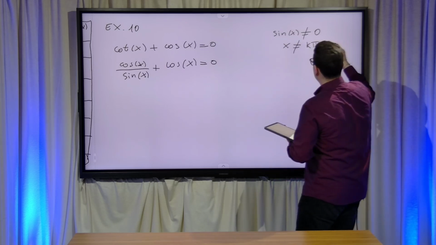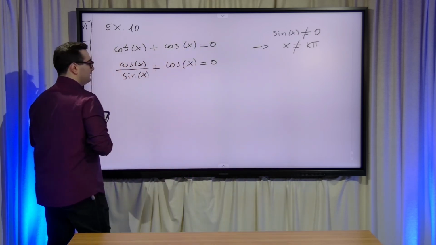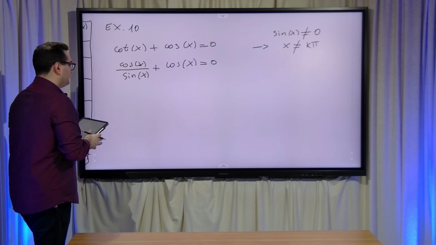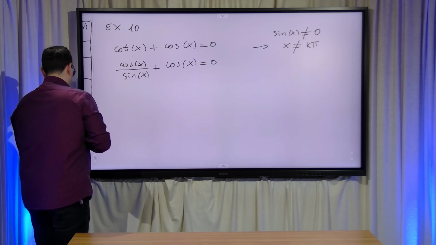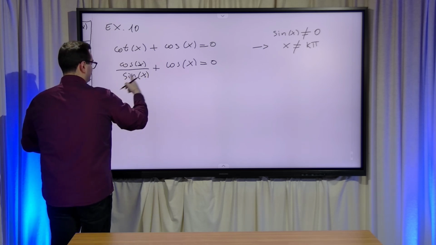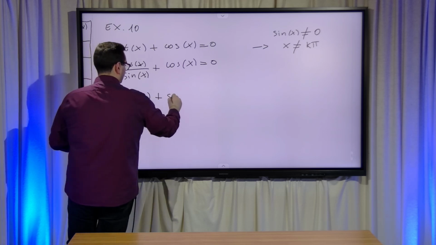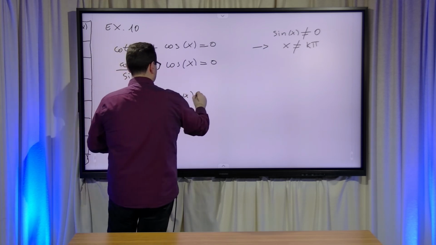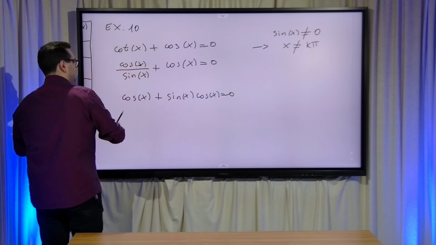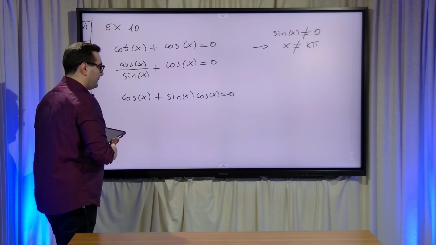So this is the condition for the solutions of this equation. Now I can go on, and then I can write this equation like this: cosine of x plus sine of x cosine of x equals 0. I simply multiplied the sine of x in each member.